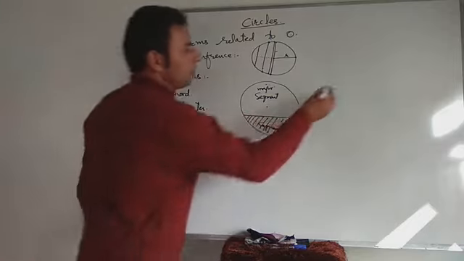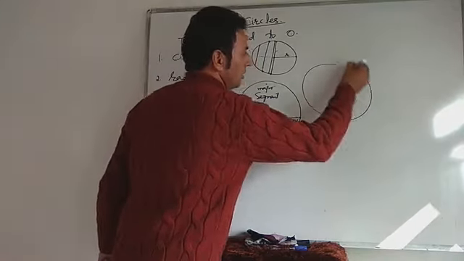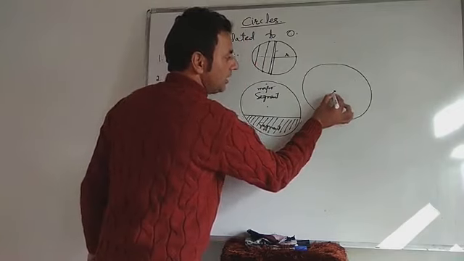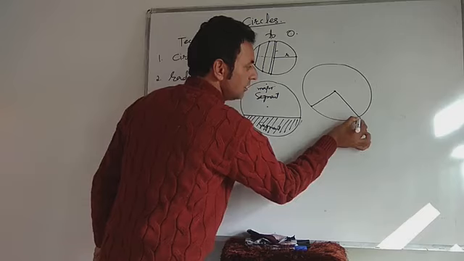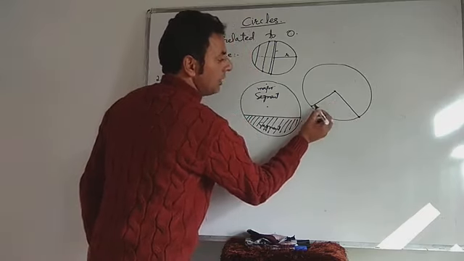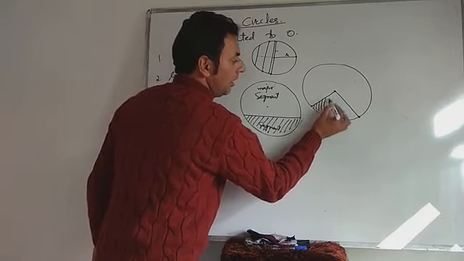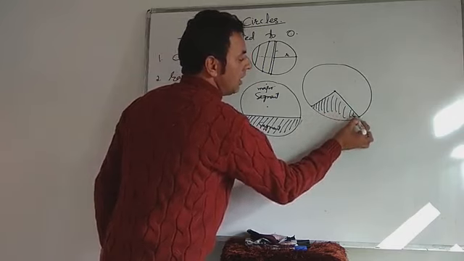There is one more term related to the circle, that is sector. See my dear, this is the radius and this is another radius. The two radii segments and their corresponding arc.